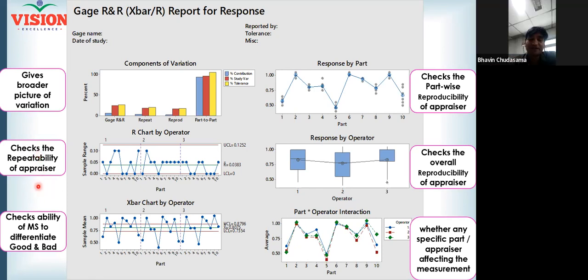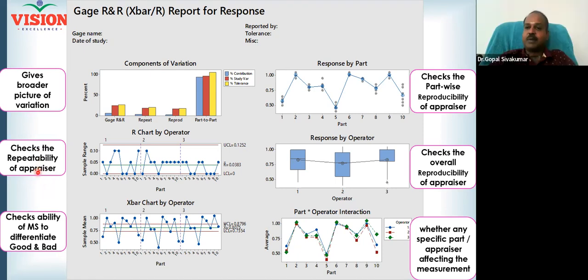Now, take the repeatability of the appraiser. Repeatability is important for every appraiser: first appraiser, second appraiser, third appraiser. I need a random pattern. At the same time, I want to see all the points inside the control limit. All the points inside the control limit, so no problem. It's under control, no need to worry. But I see a unique pattern with respect to operator number 2.